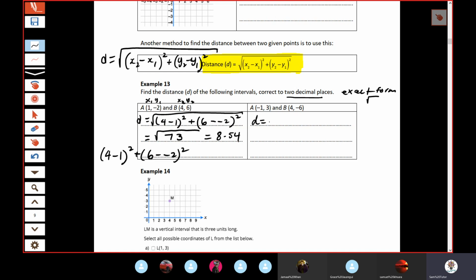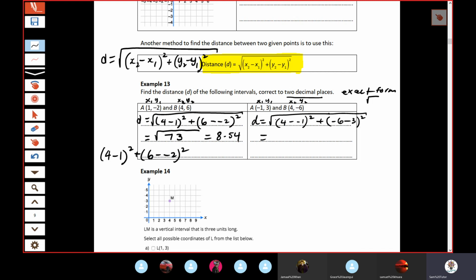D equals square root. Subtract your x's. So 4, again, let's label it x1, y1, x2, y2. So this, take away this. So 4, take away -1, squared, plus, open bracket, y2 minus y1, 6 minus 3, squared.